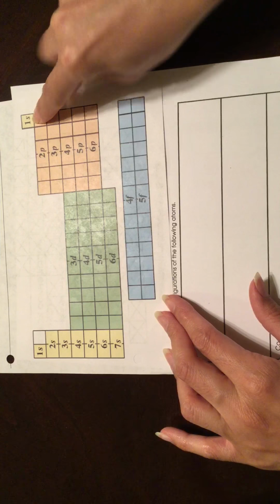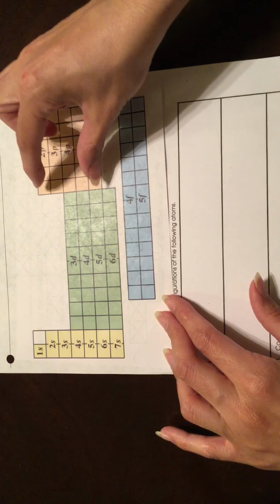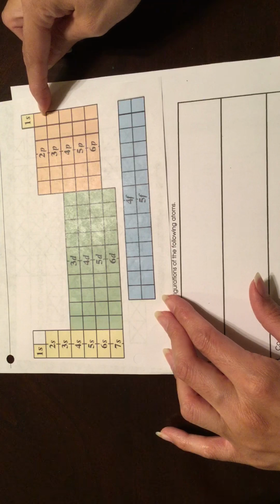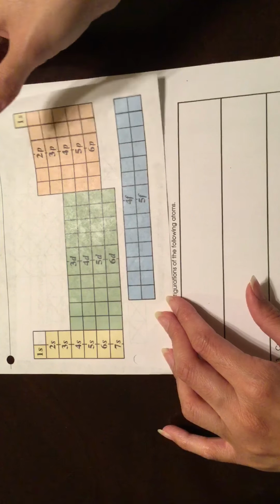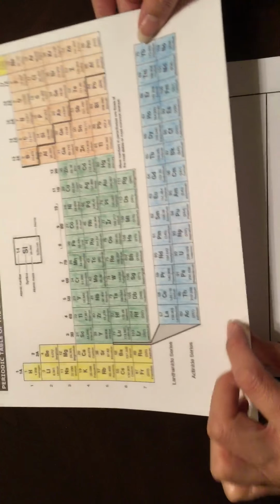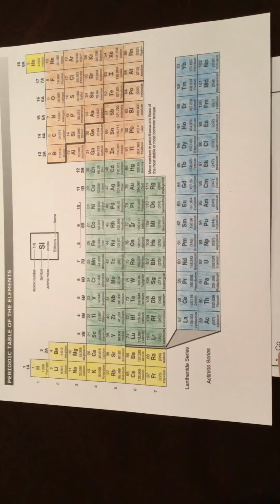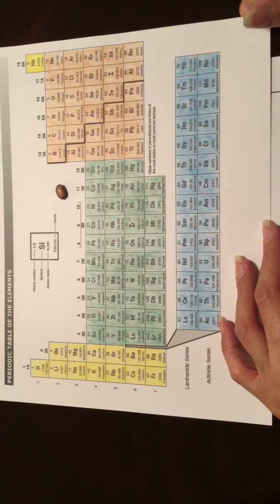Transition metals are in the middle, which are your D's. From the boron family all the way to the noble gas family are your P's, and your F's right here are your inner transition metals. And this is what I mean that I color coordinated mine to go along with it, just so that I can see the transition.